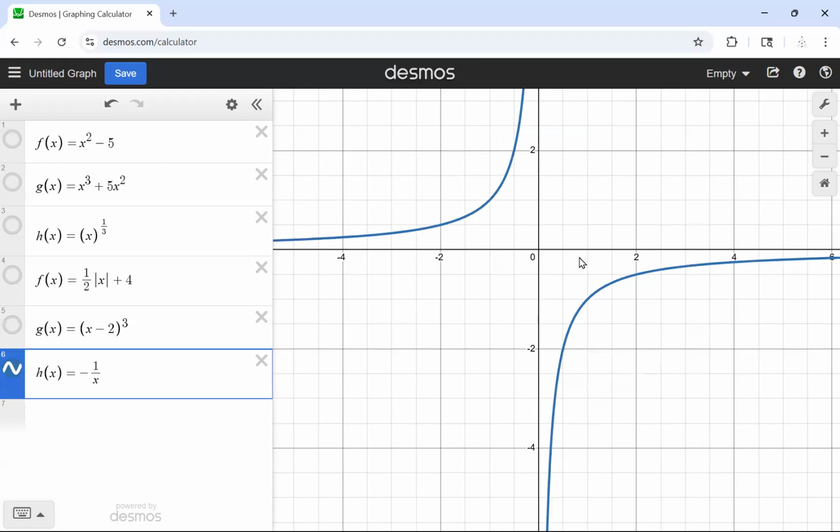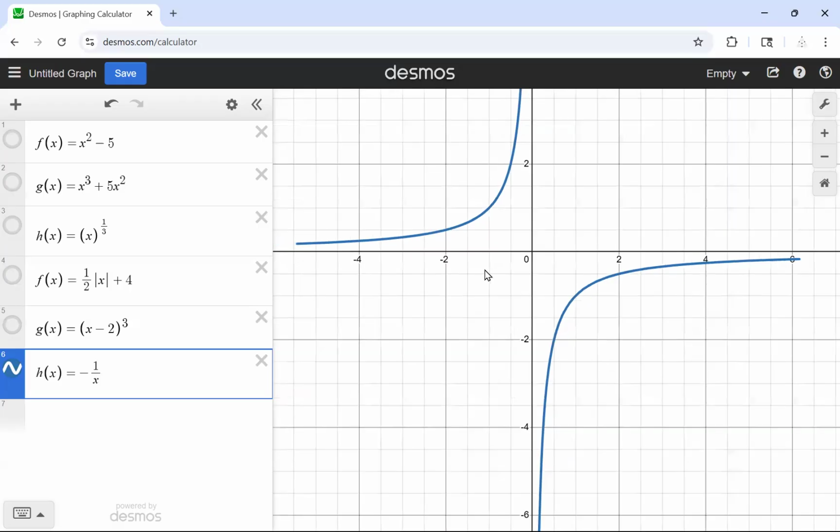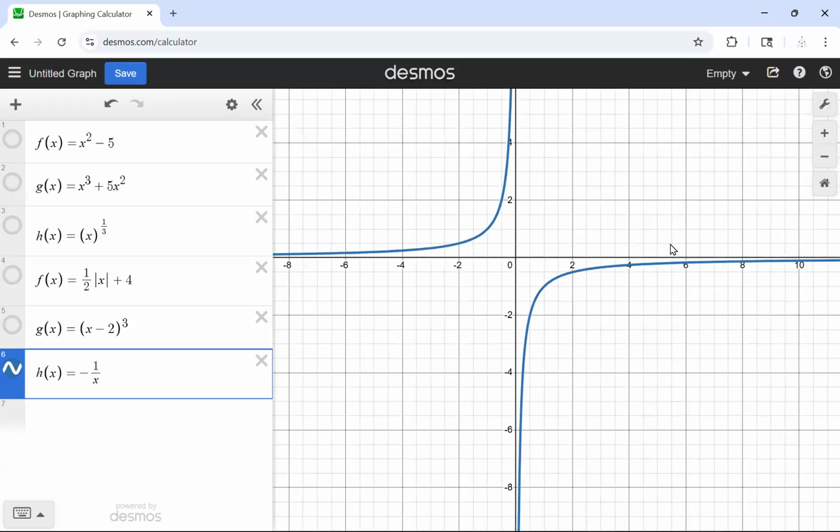So every point is reflected or has a corresponding value through the origin.